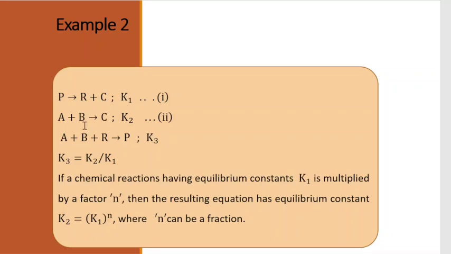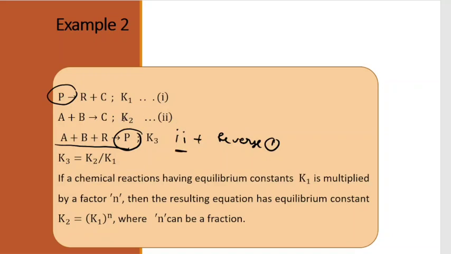How are we getting this K3? See, if we consider the first equation, in the first equation P is on the left hand side, but in the required equation P is on the right hand side. That means we have to reverse equation 1. So the required equation we get by adding 2 plus reverse of 1, right?